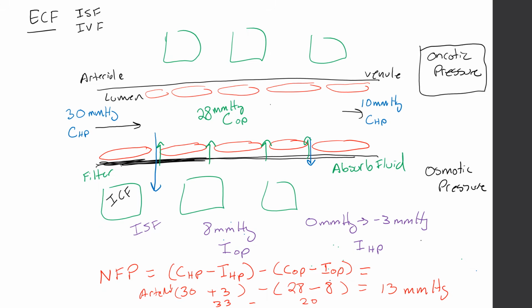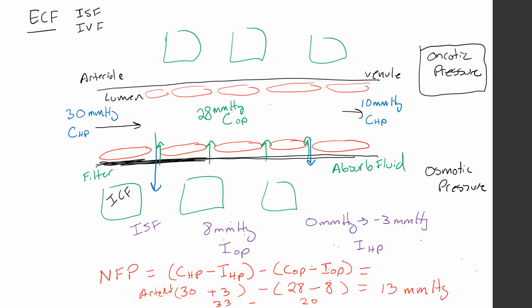What does that actually mean? How do we interpret that? Well, a positive 13 millimeters of mercury means that there is a net positive filtration pressure out of the capillary of 13 millimeters of mercury. So we are filtering at the arterial end with a pressure of about 13 millimeters of mercury.